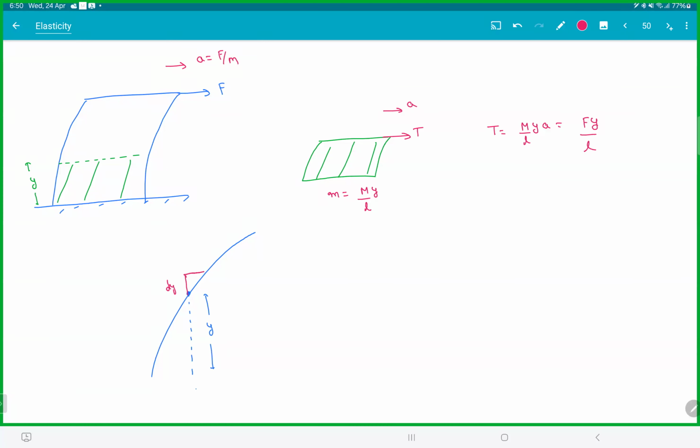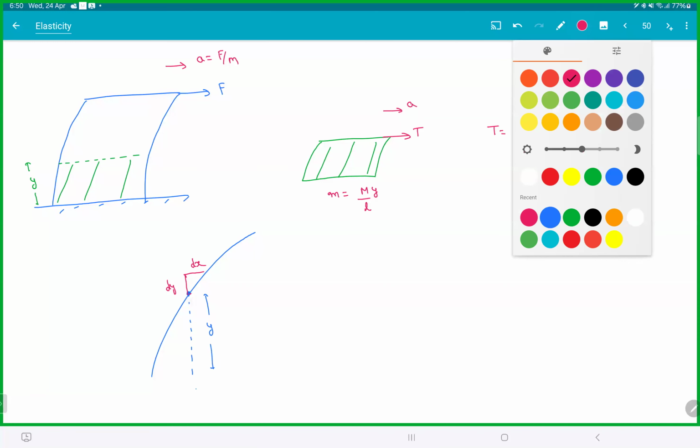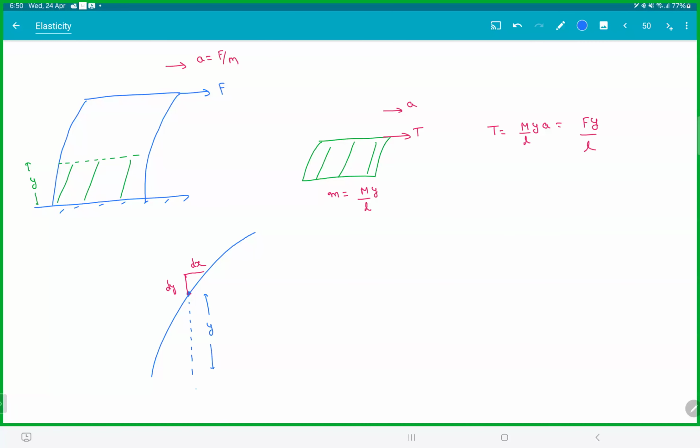So this region has shifted by a small dx. At a height y, a thickness of dy acts like a small thin cuboid. We can assume the tension is constant. So you're taking a small region whose width is dy and whose horizontal displacement is dx.